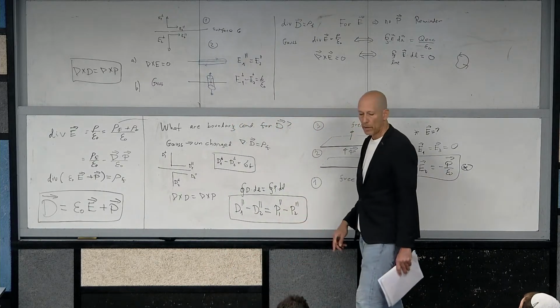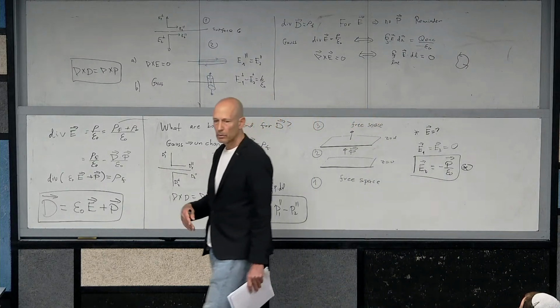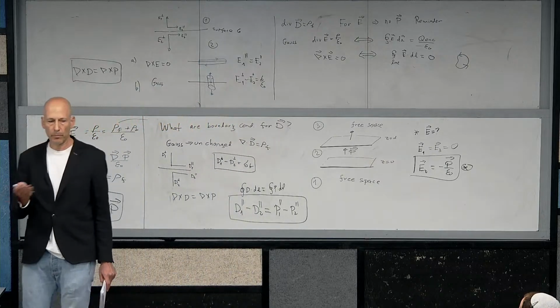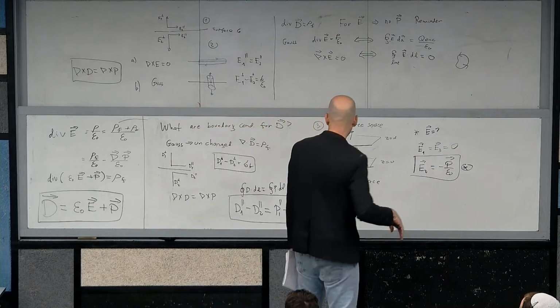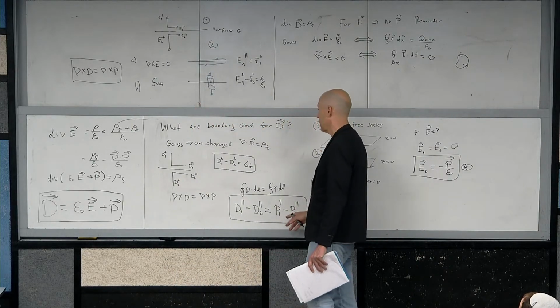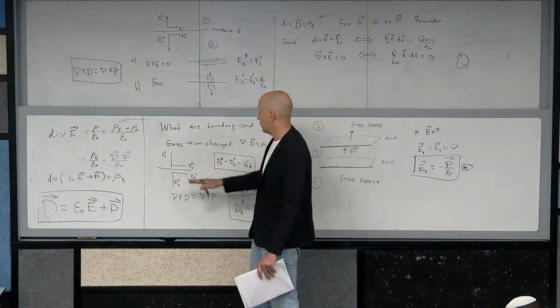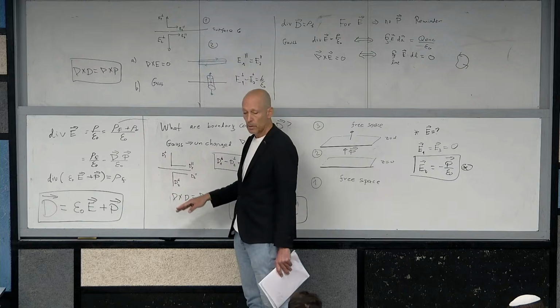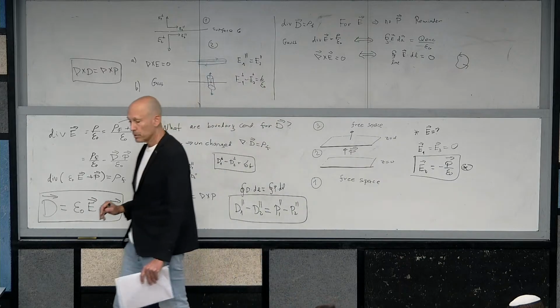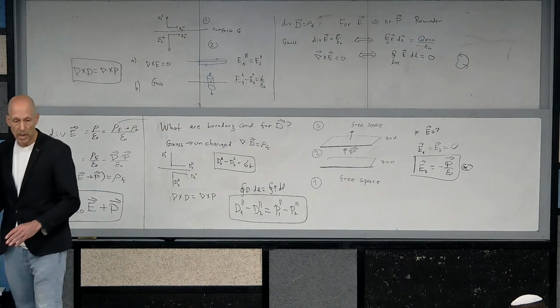If these P1 and P2 are equal to 0, then we are done, and then the problem for D is actually the same as for E. But if not, then we have a jump. If there is a jump in the polarization parallel to the surface, something here and something there, this happens. What happened in our first examples?